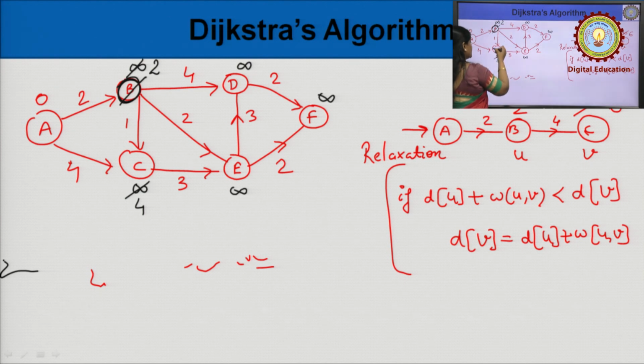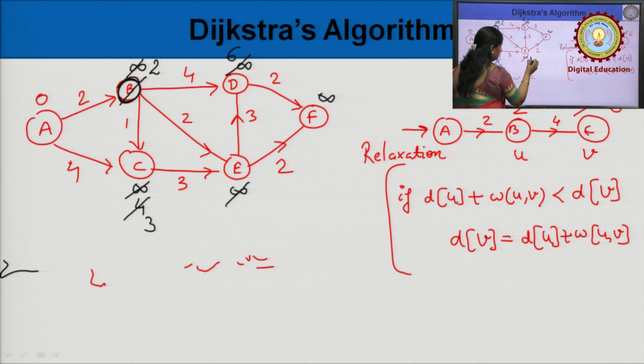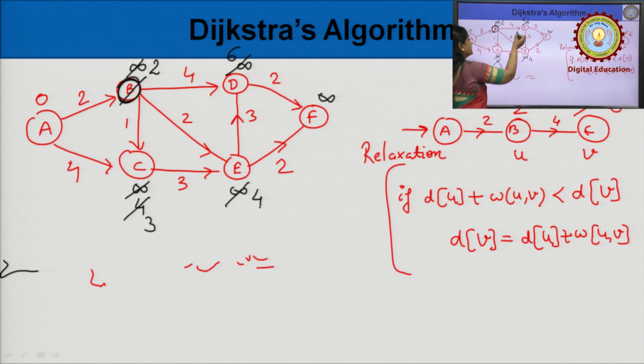So 2 plus 1 is 3, replace it with 3. 2 plus 4 is 6, replace it with 6. 2 plus 2 is 4, replace it with 4. Now the minimum among 6, 3, 4, infinity is 3, so select vertex C.